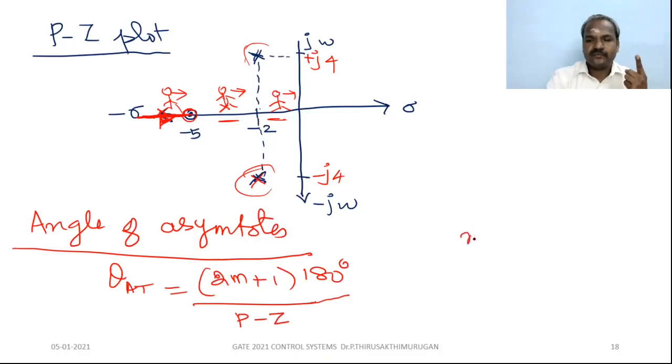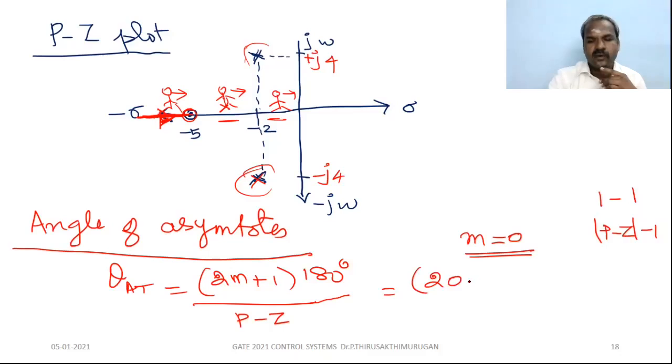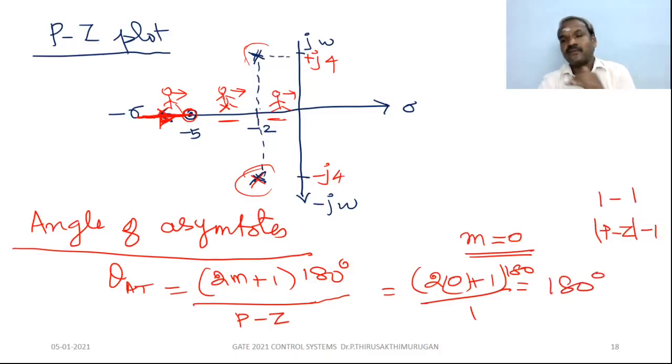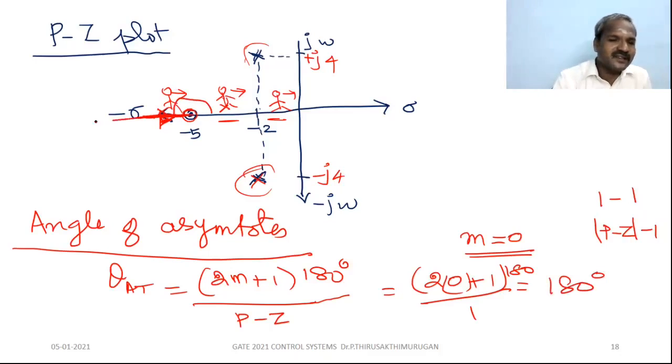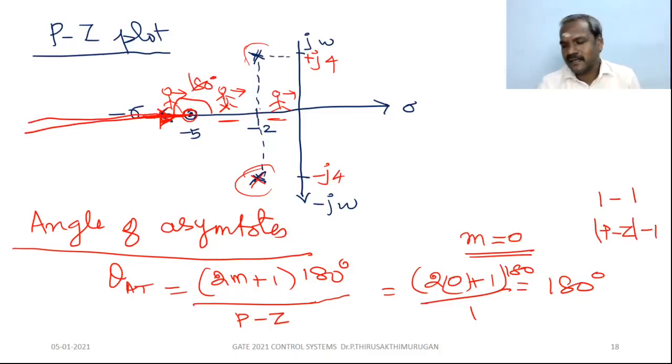The value of m goes from 0 to p minus z minus 1, and since p minus z is 1, 1 minus 1 is 0, so only one term can be calculated. This equals (2 into 0 plus 1) divided by 1 into 180 degrees. So the angle of the asymptote is 180 degrees, and the asymptote moves in this direction.